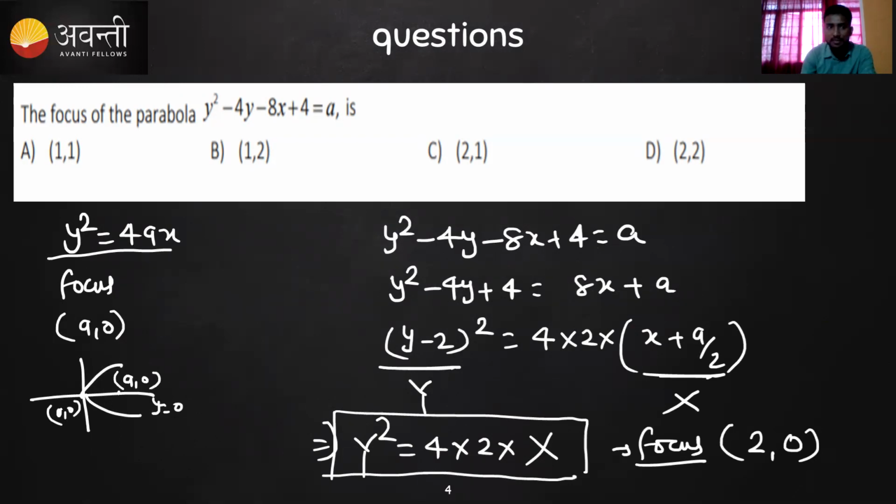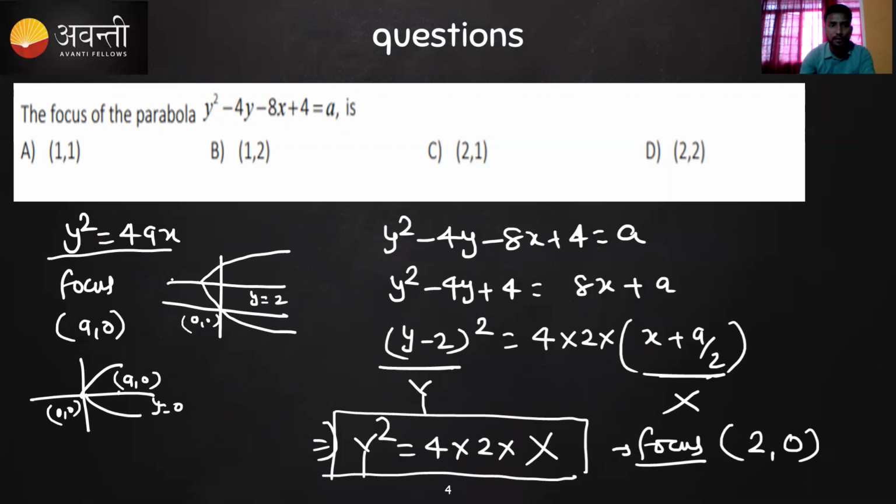But here you can see the vertex is not 0 comma 0. In this case, you will find that the line is y is equal to 2, and this is also x plus a by 2 now. So it means it is shifted like this, right, guys?